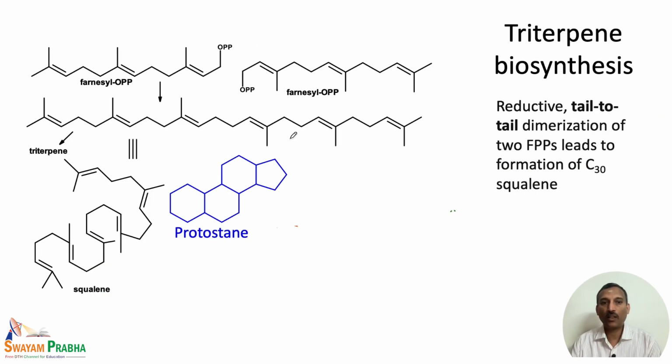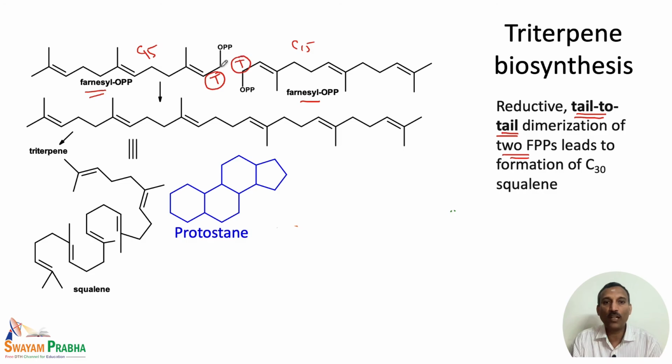And here is the triterpene biosynthesis. The major difference between the previous terpene synthesis and the triterpene biosynthesis is a tail to tail dimerization. So the two FPP units combine in a tail to tail fashion. We have a farnesyl OPP which is a C15 unit, and we have another farnesyl unit which is also a C15 unit. Here the combination happens between this one tail and this other tail.